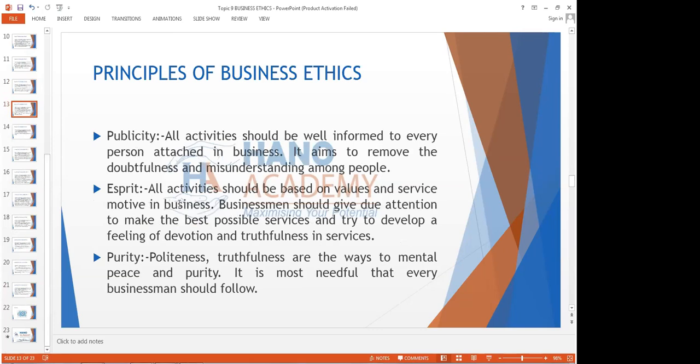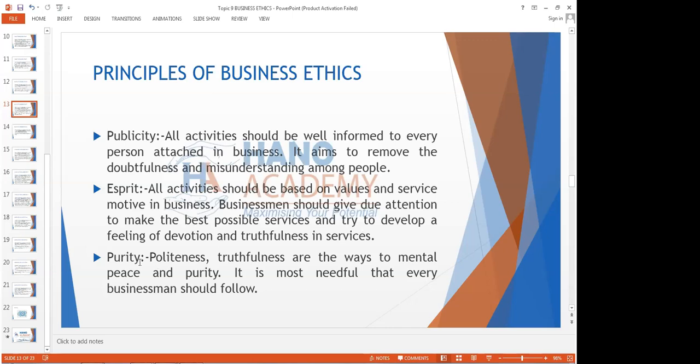Then a spirit, that all activities should be based on values and service motive in a business. So all the activities that you are carrying out should be based on values and service motive in business. So businessmen should give due attention to make the best possible services, and they try to develop a feeling of devotion and truthfulness in business and in services.